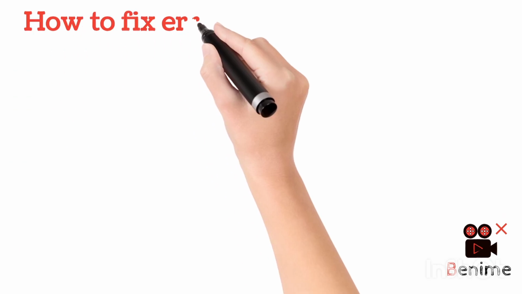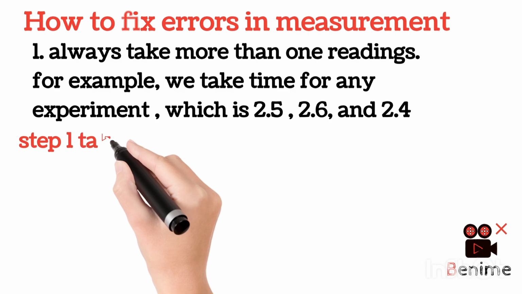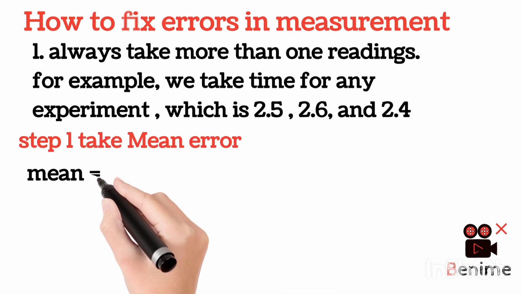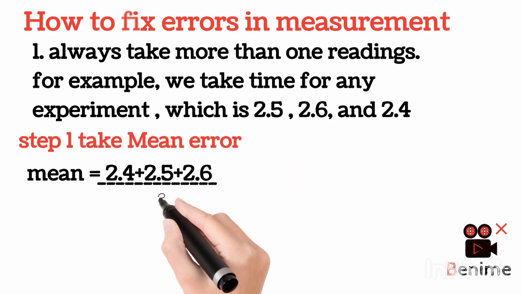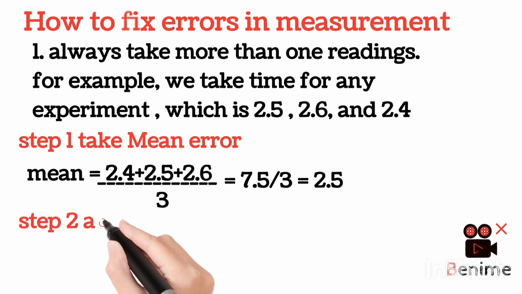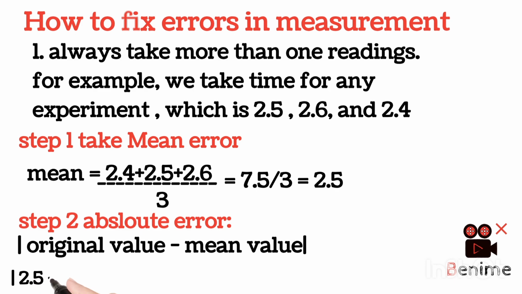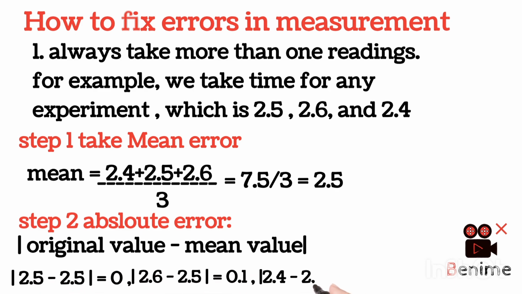To get accurate measurement, we eliminate these errors in a number of ways. For example, by taking the mean value and absolute value of the measurements which are made. For example, 3 different values of time are given, and we find the mean, absolute, and then percentage error.